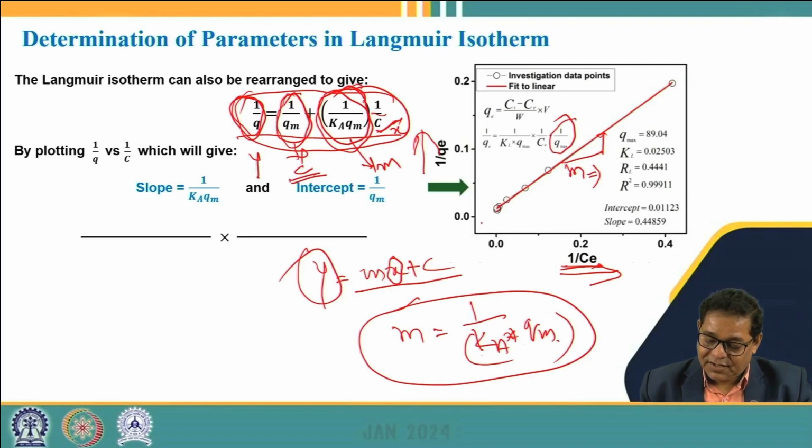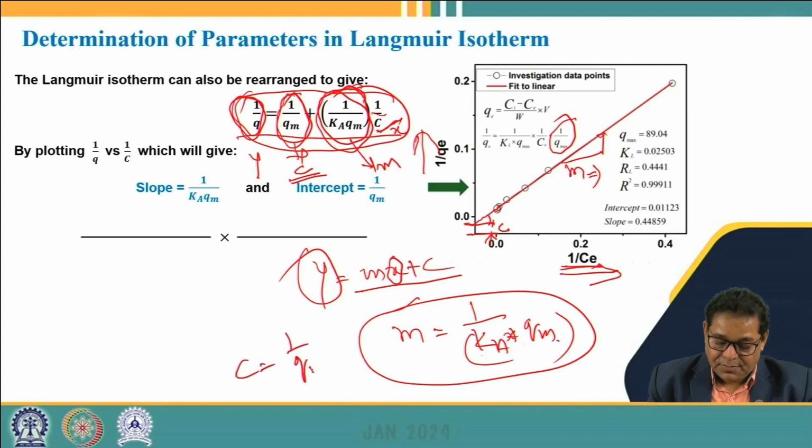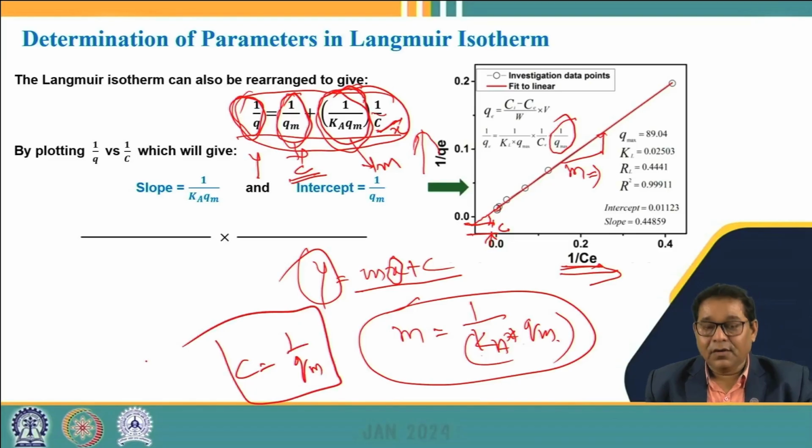If we extend this line, we get a certain intercept value, which will be equal to 1 upon Qm. This is how the various model parameters of the Langmuir isotherm are determined.